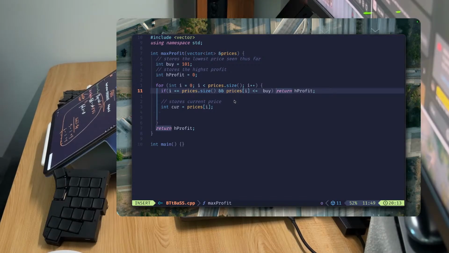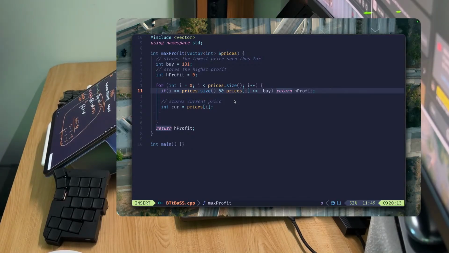And if it's equal to, then we know it's not going to be a profit, it's just going to be 0. And if we have not made a profit by that point, H profit is already 0. So there's really no reason to even calculate it. We could just return H profit.